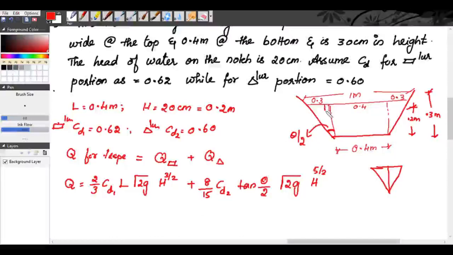So this is a right angled triangle. So we get tan theta by 2 is equal to opposite side by adjacent side.